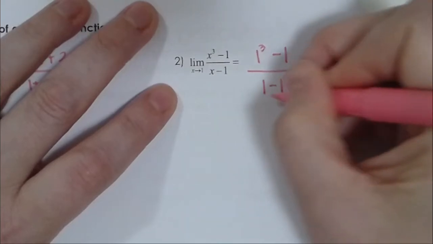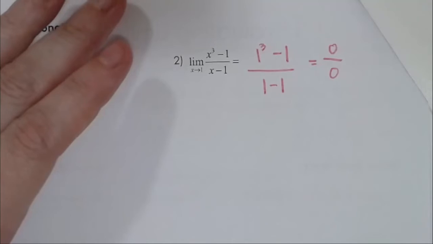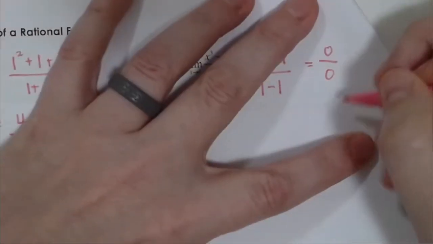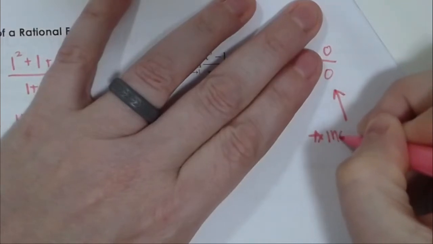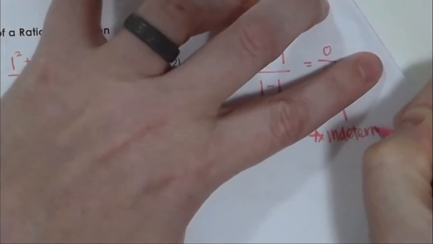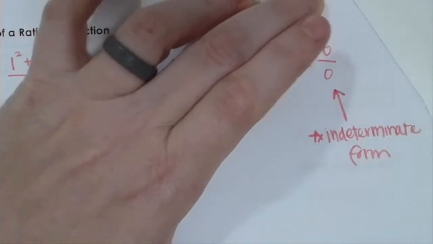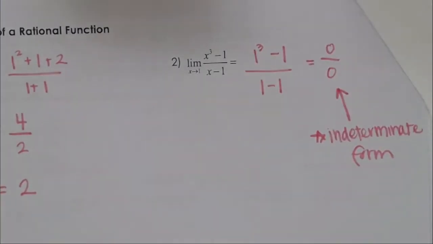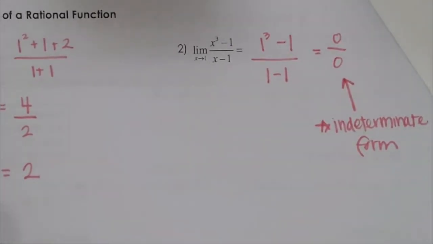And then on the bottom, 1 minus 1 is 0. And this is not going to be allowed. We're not going to be able to divide by 0. And actually, 0 divided by 0 is this special thing called an indeterminate form. 0 divided by 0 is one of our indeterminate forms that we're going to run into this year. So that means there's probably something else that you need to do.